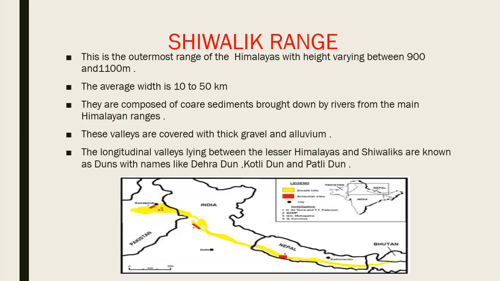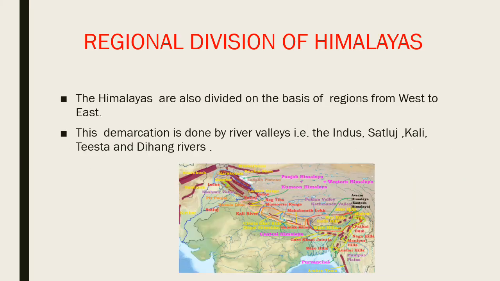They are composed of coarse sediments brought down by rivers from the main Himalayan ranges. These valleys are covered with thick gravel and alluvium. The longitudinal valleys lying between the Lesser Himalaya and the Shivaliks are known as duns, with names like Dehradun, Kotli Dun and Patli Dun.